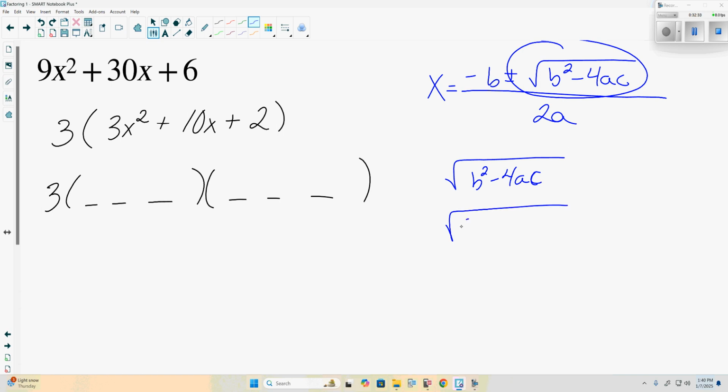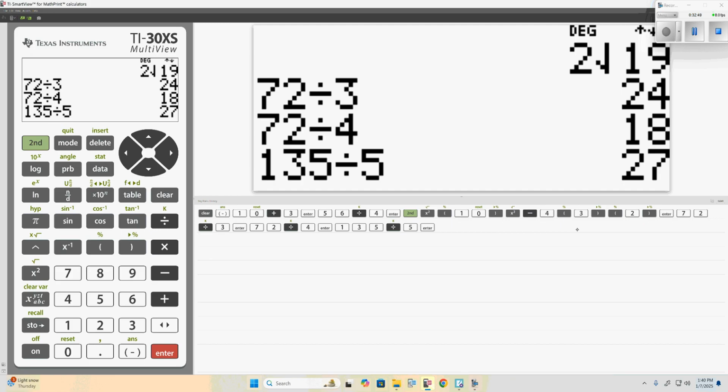So for this here, what's the value of b? 10, so we'll plug 10 in for b, times 4a, 3, and c is 2. Now at this point here, it doesn't matter which calculator we're using because we're not actually trying to find a value, we're just trying to see does this factor.